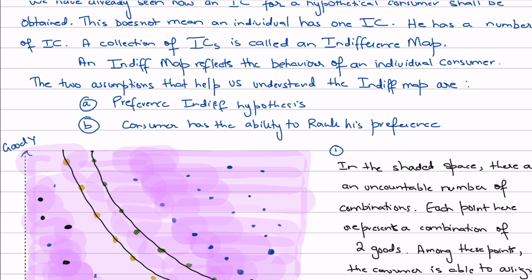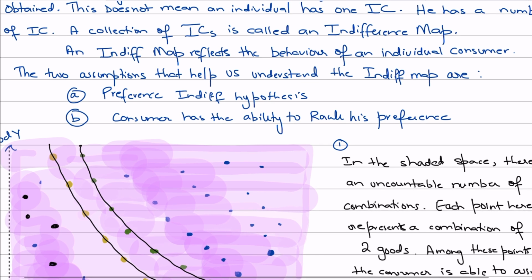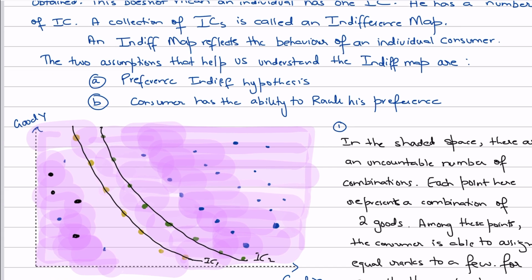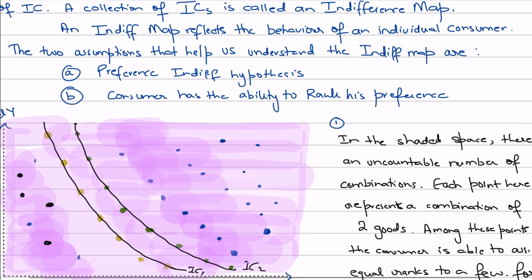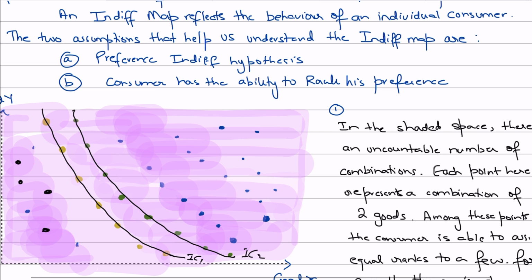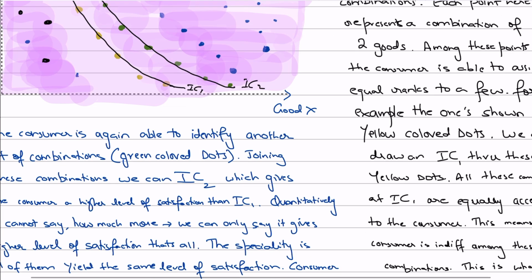Also, when we are drawing an indifference map, our assumption is that the consumer is aware and has the ability to rank his preferences: okay, IC2 is more satisfactory than IC1, it gives a higher satisfaction, and as per the preference and indifference hypothesis, the consumer will prefer IC2 rather than IC1.